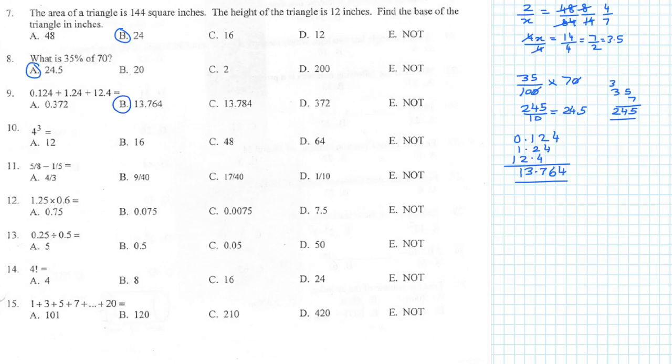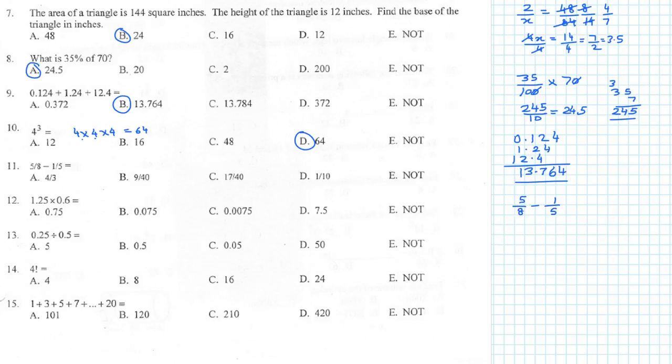Question 10. 4 cube is equal to what? So 4 cube is nothing but 4 times 4 times 4. So 4 times 4 is 16, and 16 times 4 is 64. So D is the correct answer. Question 11. 5 over 8 minus 1 over 5.